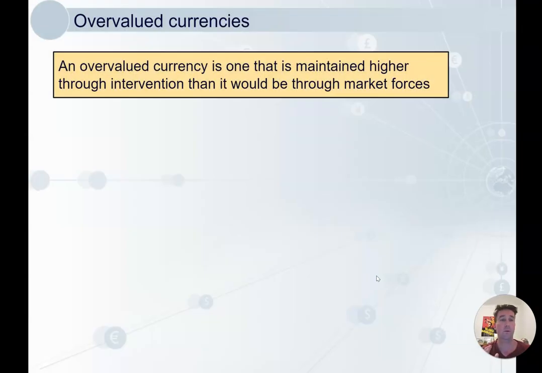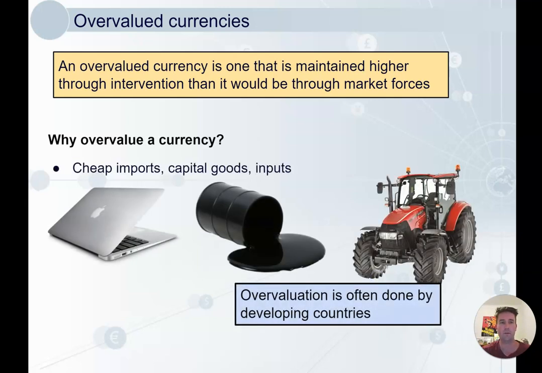Okay, we're going to look at what the consequences of some of this government intervention are. So we can have what is called an overvalued currency. So it's maintained higher through intervention than it would otherwise be. So we say it's overvalued compared to what the market would say. Why would a country want to do that?